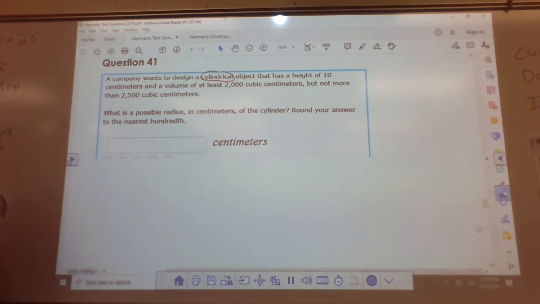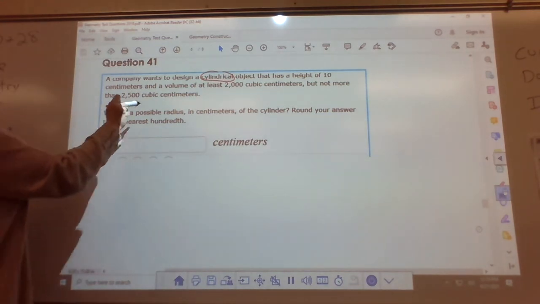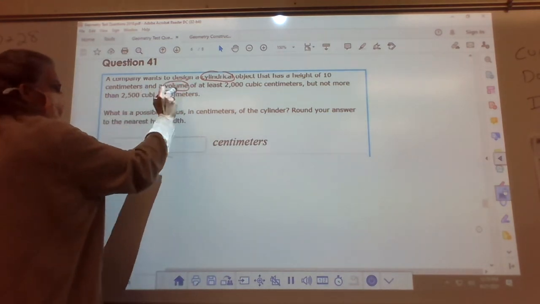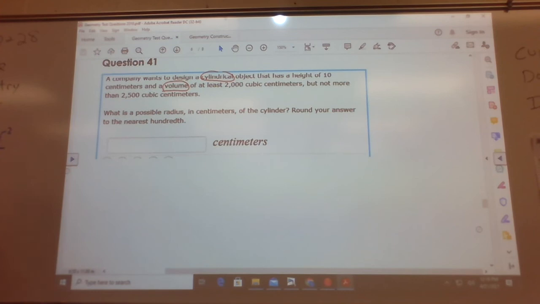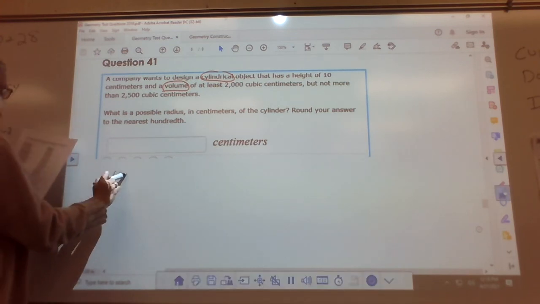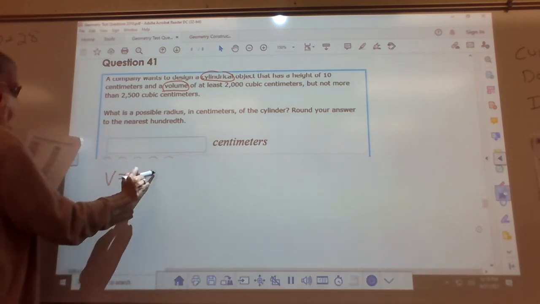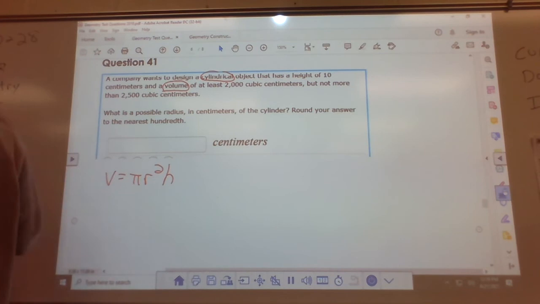It has a height of 10 centimeters and a volume of at least 2,000 cubic centimeters. On your reference paper, on one side are all of your area and volume formulas. I look for cylinder. Cylinder is V equals pi r squared h. That's my cylinder formula.